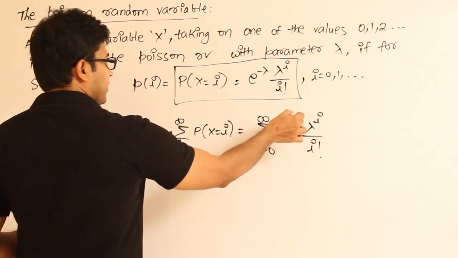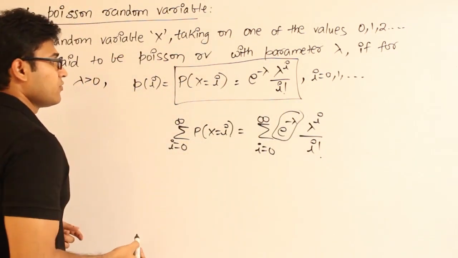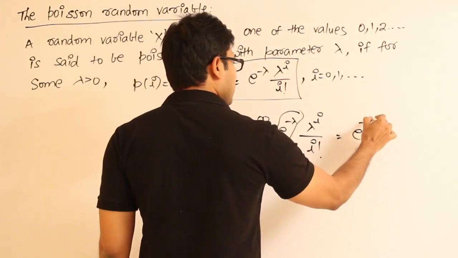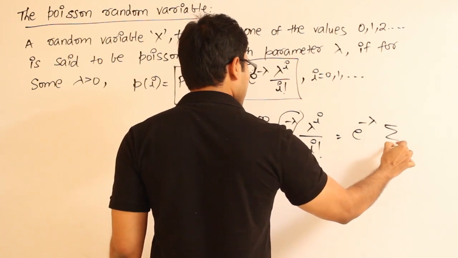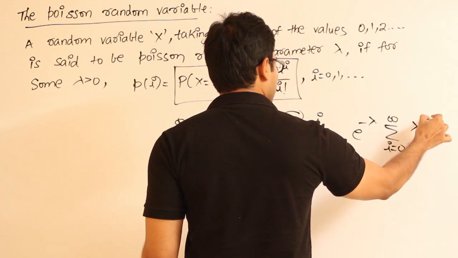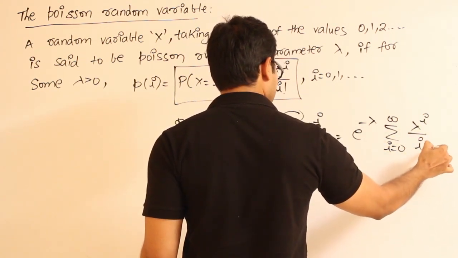Now this term is completely independent of i, so you can bring it out of the summation. Therefore it is going to be e power minus lambda into sigma i equal to 0 to infinity lambda power i by i factorial, right?